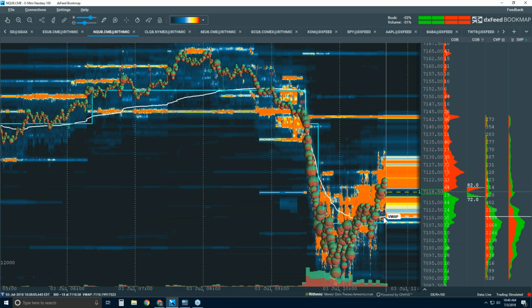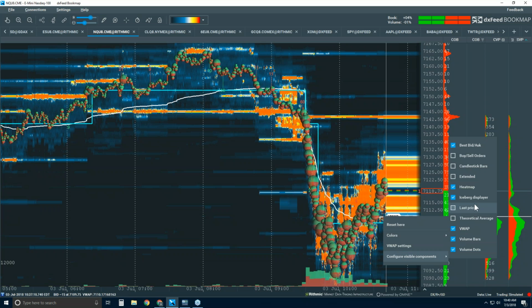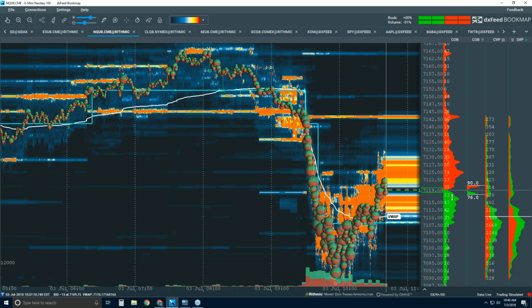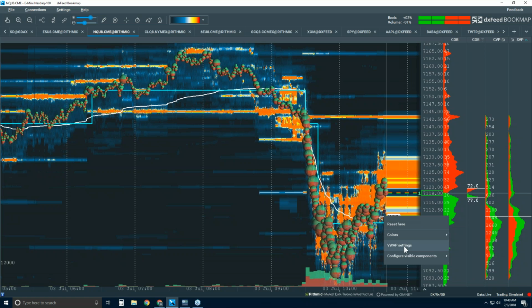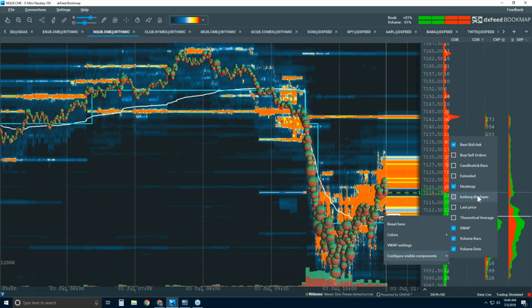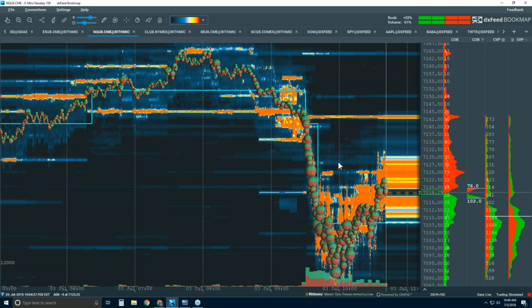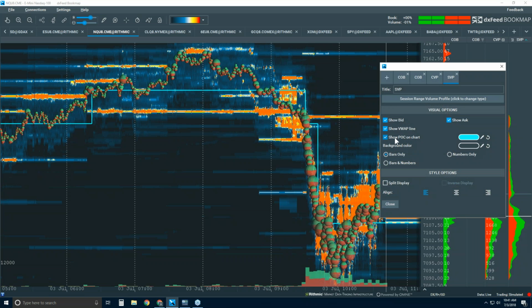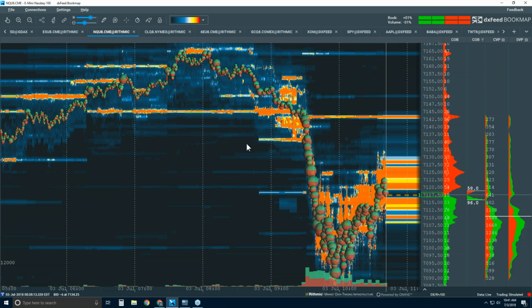I'm going to close that up as well. And we see our iceberg detector as well as our VWAP. Turn that off. And then this blue line here is our point of control. We track that point of control for you, and you can see the behavior there.